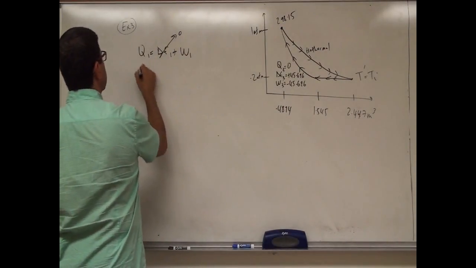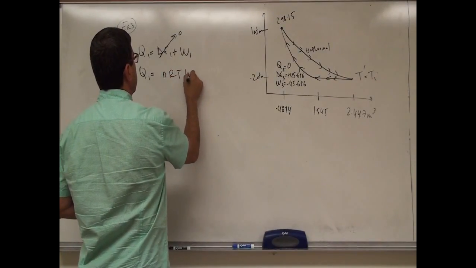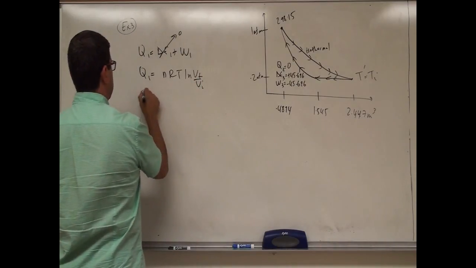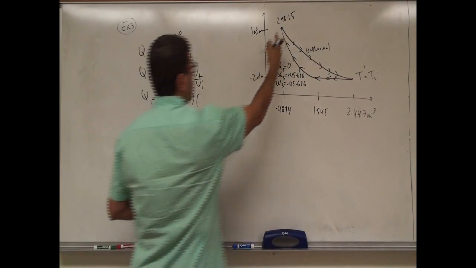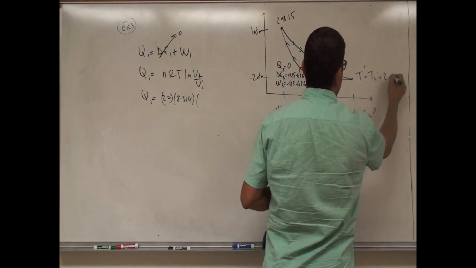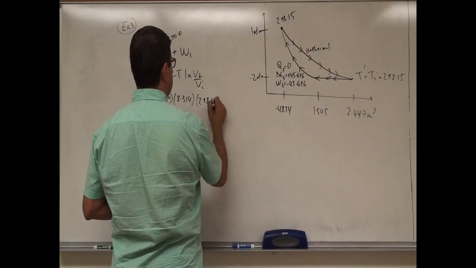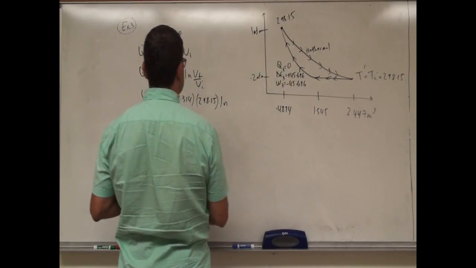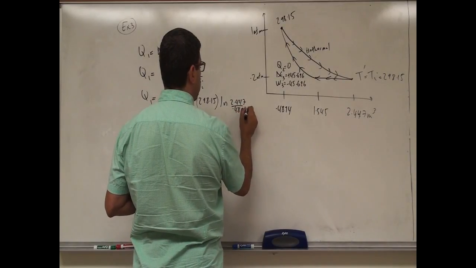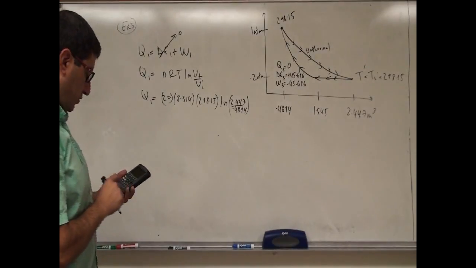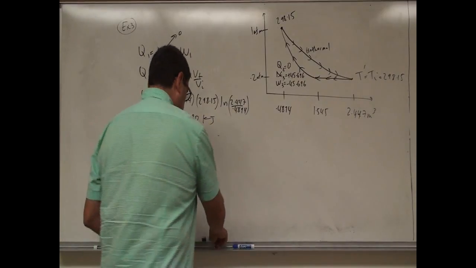So then we have here Q1, and then the work done, this is an isothermal process, so it's going to be nRT ln V final over V initial, right? 20 times 8.314 times the temperature, which is 298.15, ln of V final, which is 2.447, divided by V initial, 0.4894, right? So then we're going to calculate here W1. So Q1 equals W1. So that's how much heat is coming into the gas.